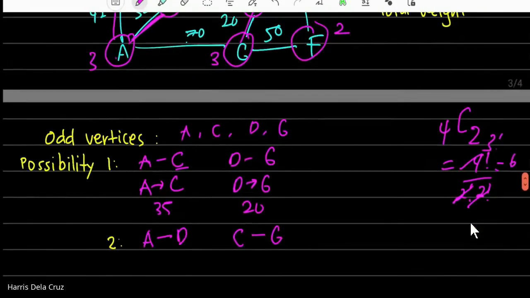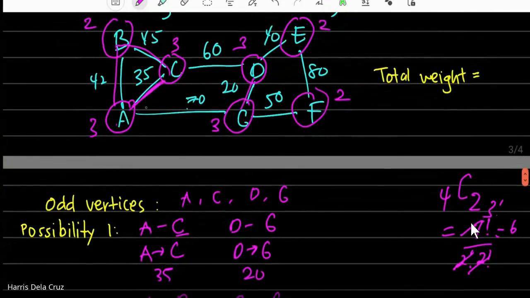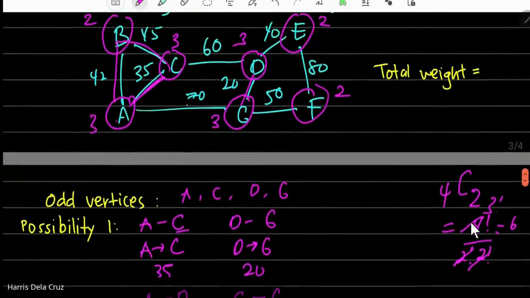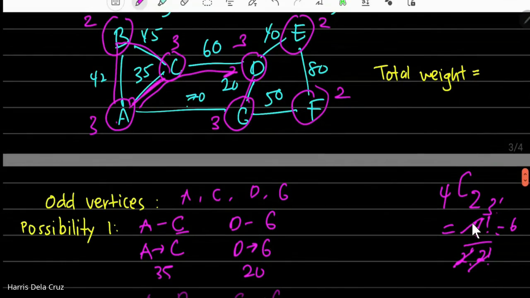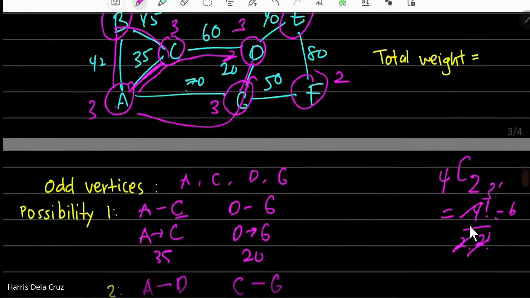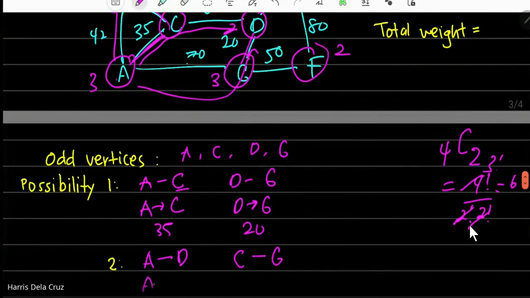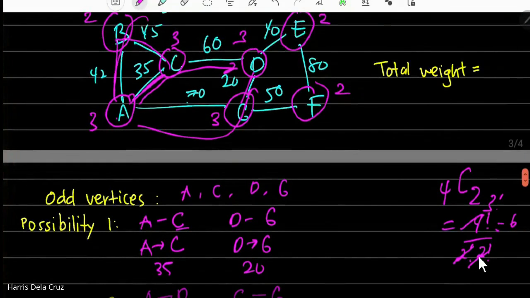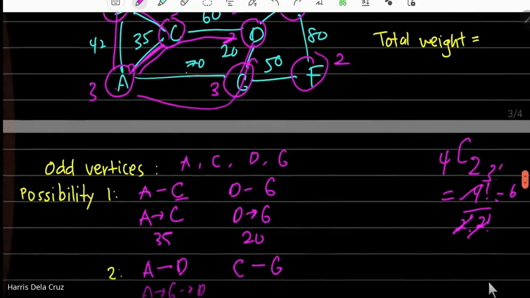A to D. So, walang direct path from A to D. So, pwedeng papunta ka sa C which gives you 95, or dadaan ka sa G, which gives us 70 plus 20, 90. So, mas maigsi yun. So, ibig sabihin, that's A to G to D. Yung iba pang possible path, mas mahaba. Kaya hindi natin i-consider. So, yun lang yung possible na logical isipin. So, that's A to G to D.